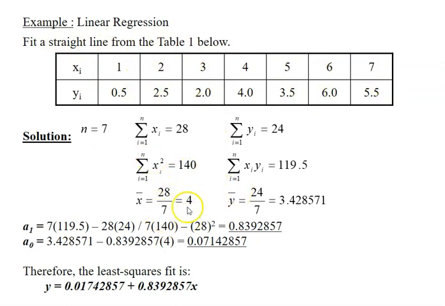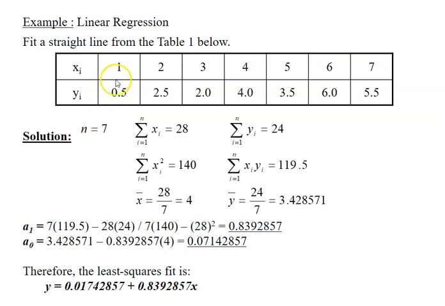What you have to do is just follow the equations provided just now to calculate your a1 and a0. Before you can calculate these, you need to come up with terms like the summation of x, the summation of y, and n. And remember, n is the number of data.